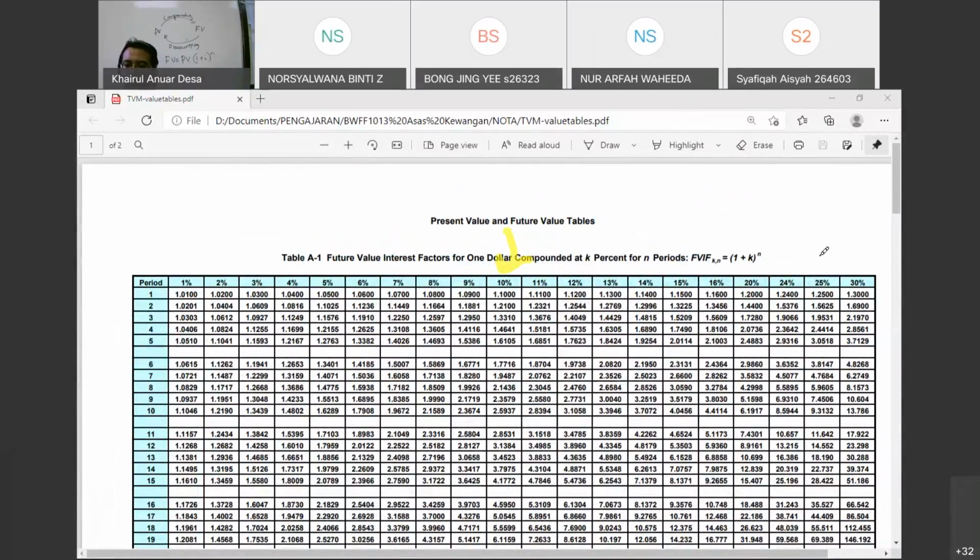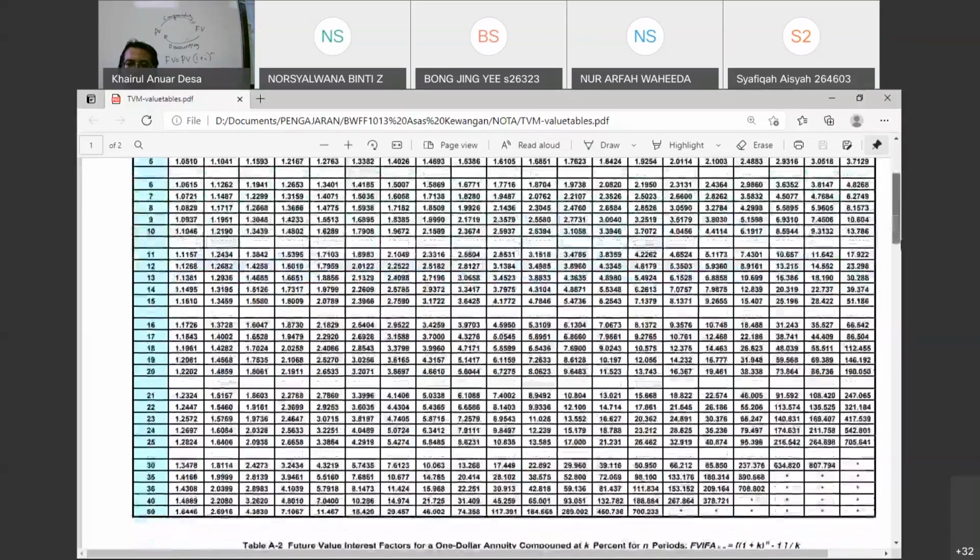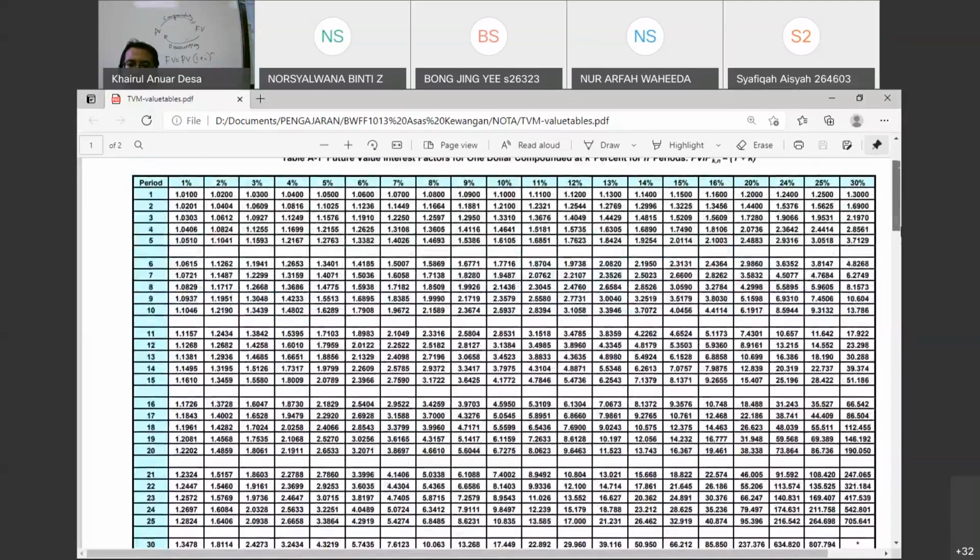Ada siapa dah jumpa? 10% is here. So berapa tadi?